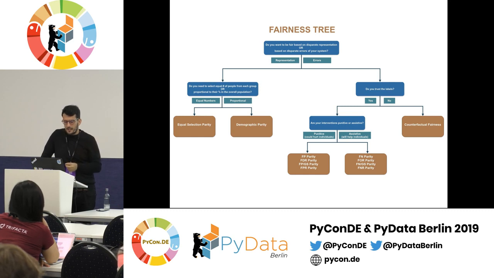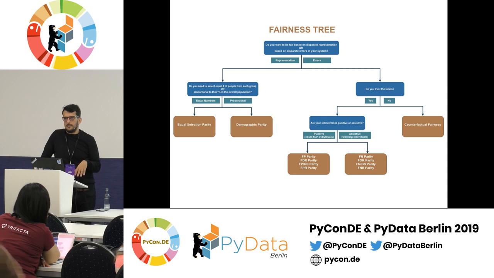Two examples here are just equal numbers, so you select the same numbers for one group and for another for the intervention. Intervention meaning getting accepted in the university or passing to the next round of interviews in the job market. Or demographic parity.